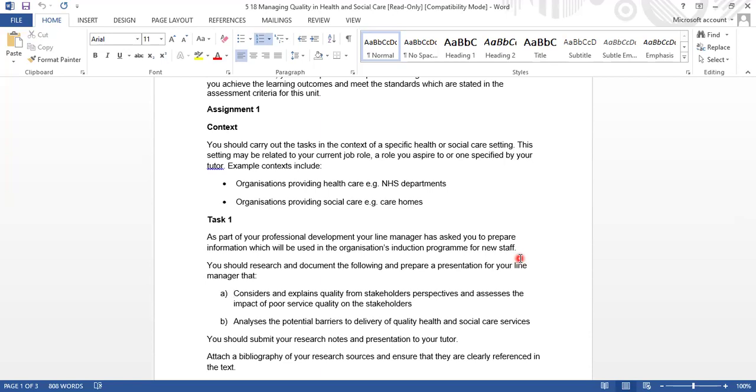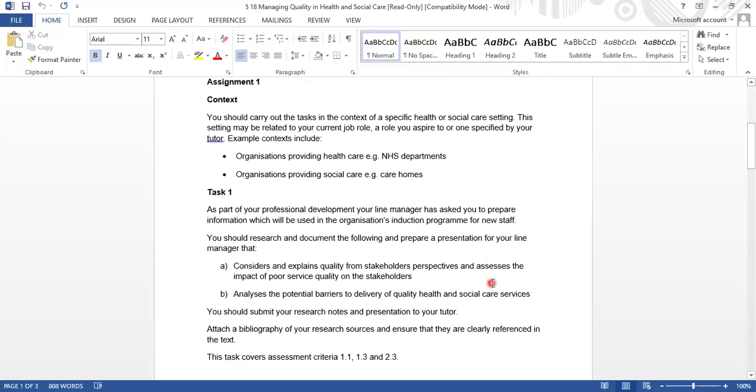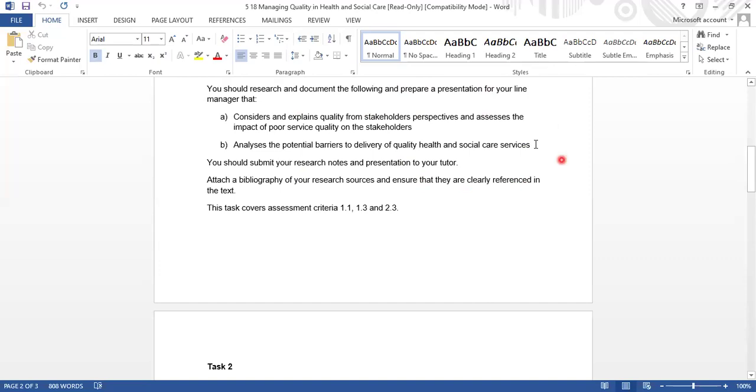We're not going to go into too much detail, but you will just inform the new staff. You should research and document the following and prepare a presentation. So the first task is demanding a presentation from you for your line manager, giving your information for the new staff.